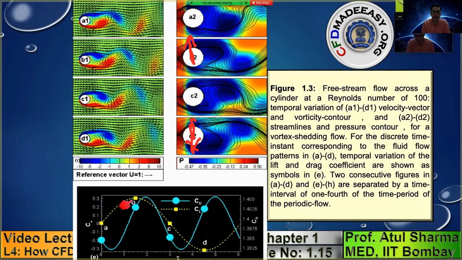B corresponds to plus 0.3, a vertically upward lift force, and D corresponds to minus 0.3, a downward lift force, which you can correlate with this pressure distribution. So this way we draw both types of movies synchronized in time and try to correlate the engineering effect corresponding to lift and drag force with the flow structures corresponding to pressure contour, velocity vectors, and the vorticity.